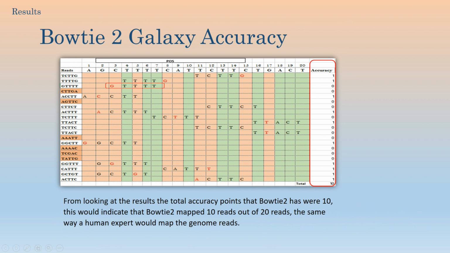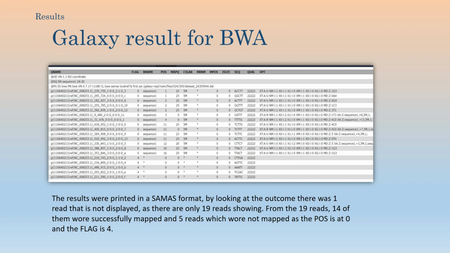And then the accuracy was calculated, and from here the total is 10. Once again, the accuracy is being calculated by comparing how the human expert would map, and then given a point if the reads were mapped in the exact same position.